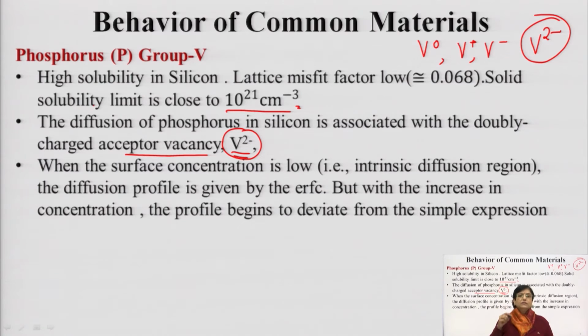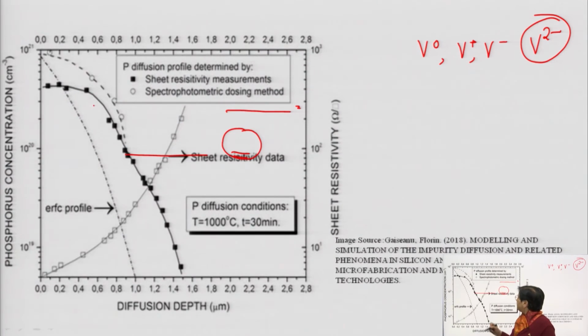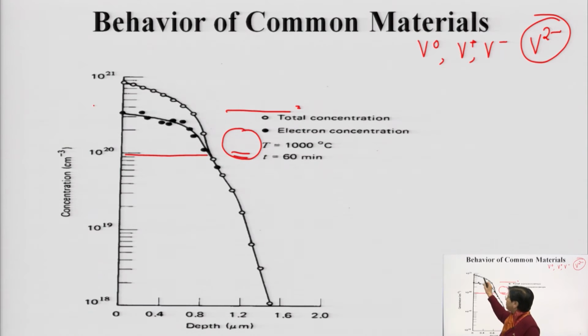Because of these doubly charged vacancies, there is penetration or a diffusion profile which is shown like this. Just see, this is the diffusion profile we see. But after the diffusion happens for a certain concentration or charge level, beyond that these diffusing species will alter.